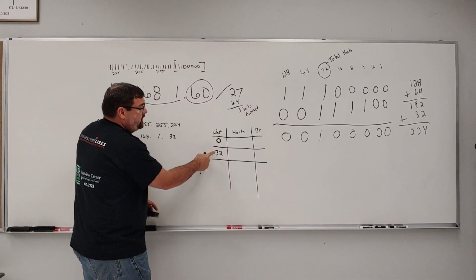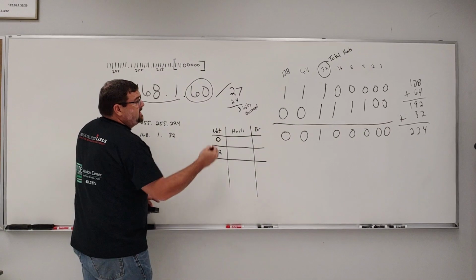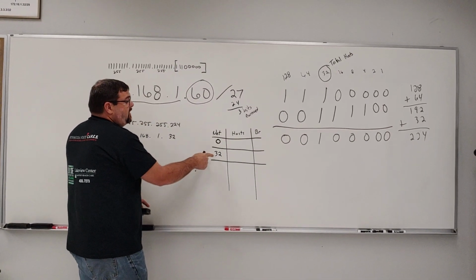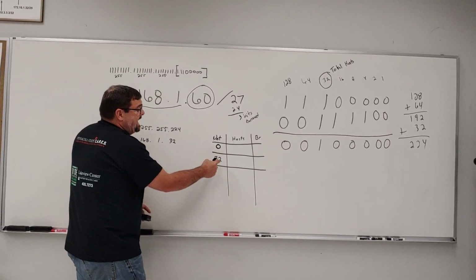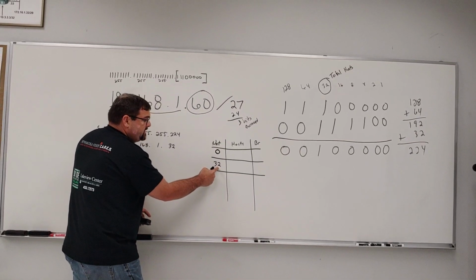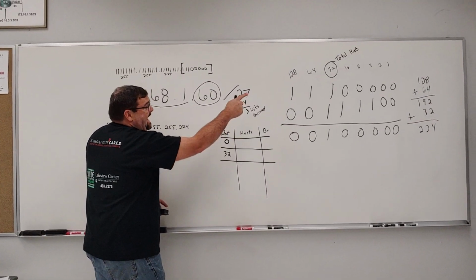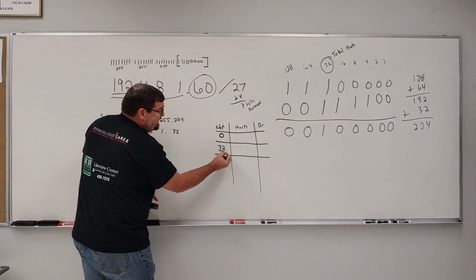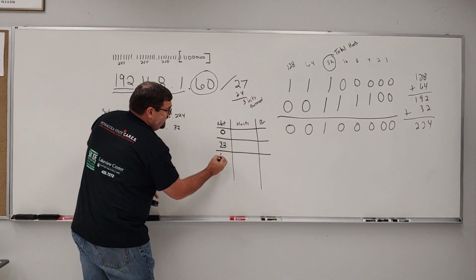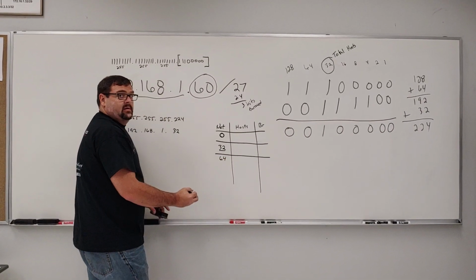So that's going to start your next bracket. So if I know that I've got 32 total addresses here, then I can add 32 to this number and I get my next subnet.